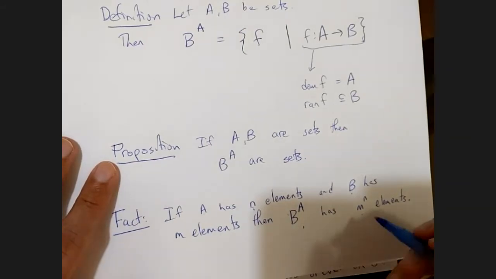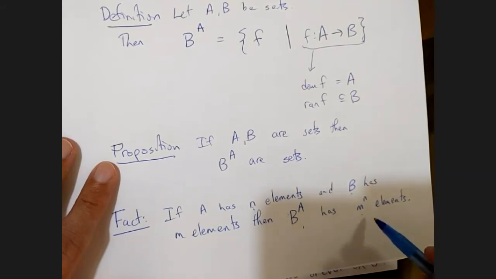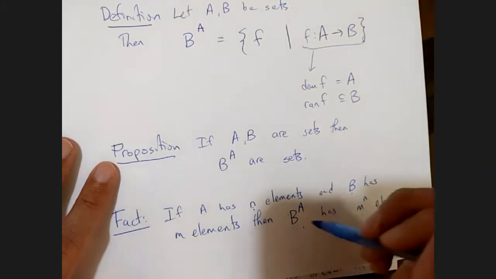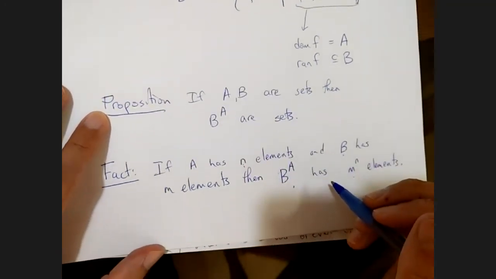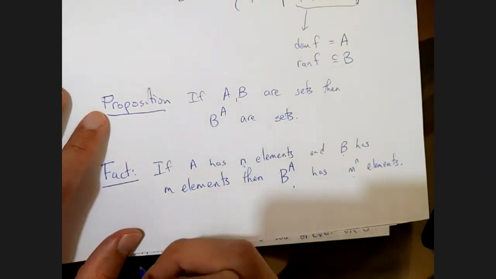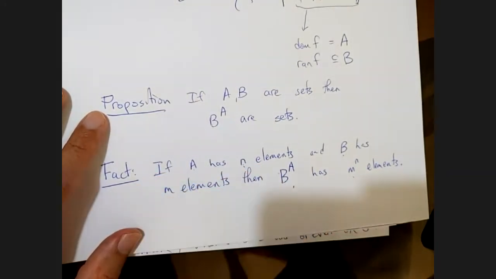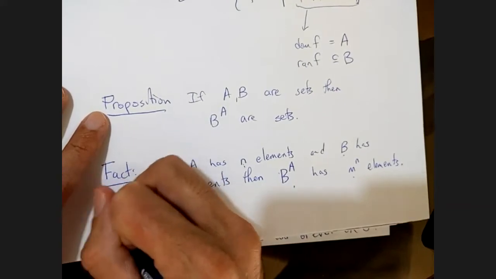So that's one way where the notation B to the A has a relation with the number of functions from A to B, but there's also another example.